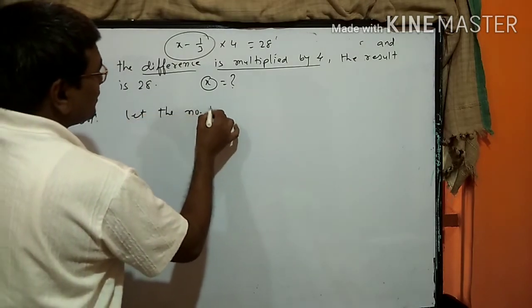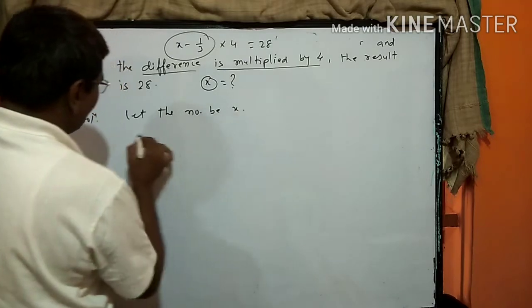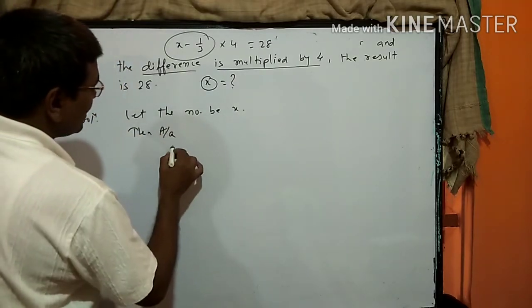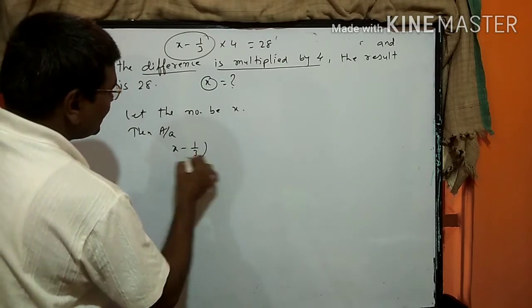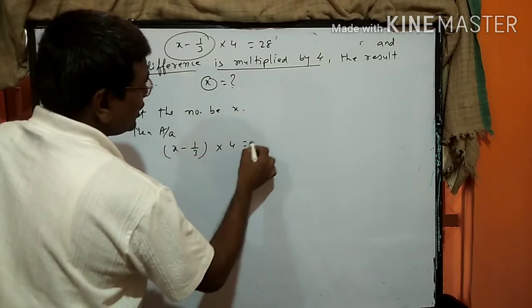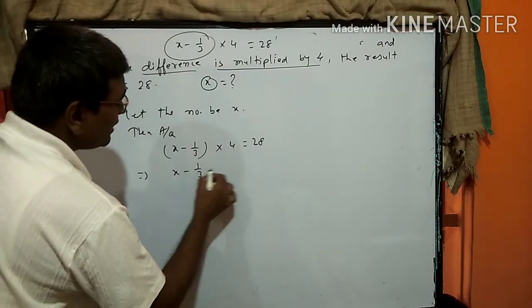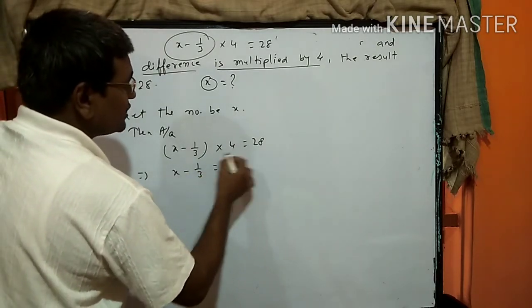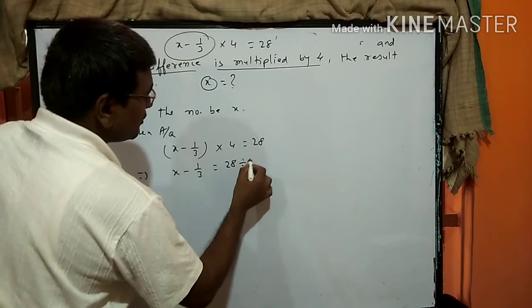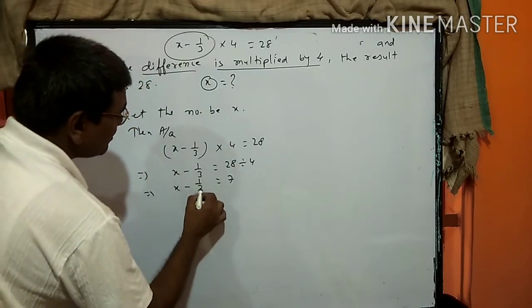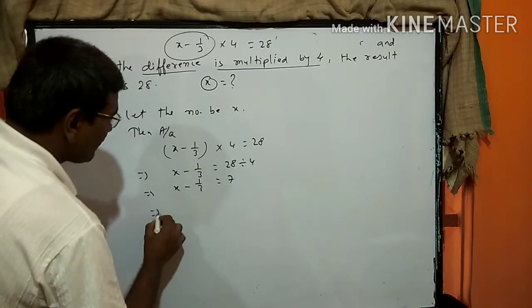Let the number be X. Then according to the question, X minus 1 by 3, into 4, equals 28. Now you can solve it. X minus 1 by 3 equals 28 by 4, since 4 is a multiplier, so it will be a divisor. X minus 1 by 3 equals 7.